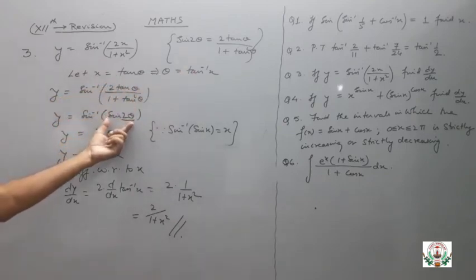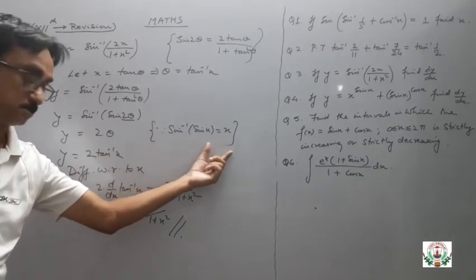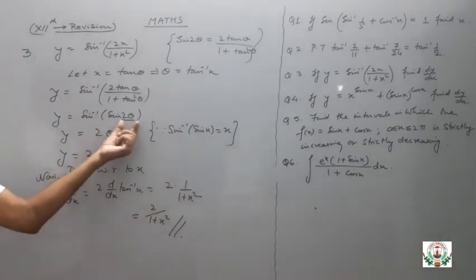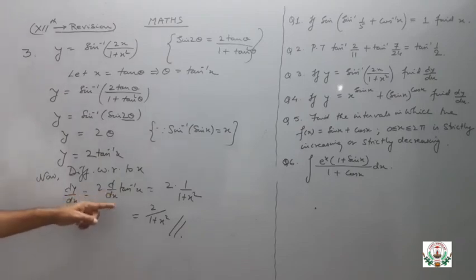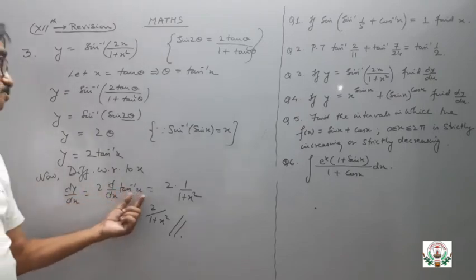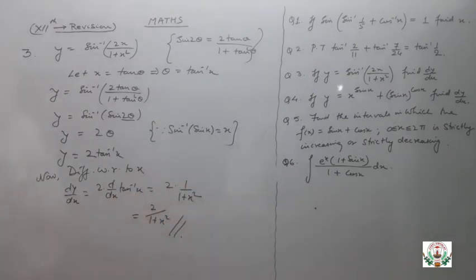Sin inverse of sin 2 theta, as we know that sin inverse of sin x will be equal to x. So in place of x it is 2 theta. 2 into theta is tan inverse of x. Differentiating with respect to x, dy by dx equal to 2 into d by dx of tan inverse x, and d by dx of tan inverse x is 1 upon 1 plus x square. So final answer is 2 upon 1 plus x square.